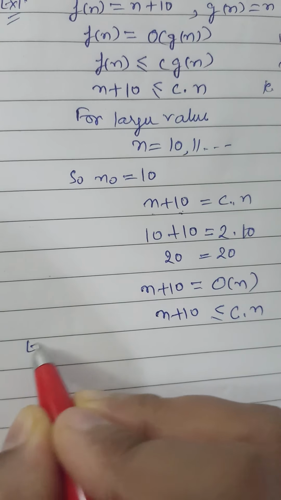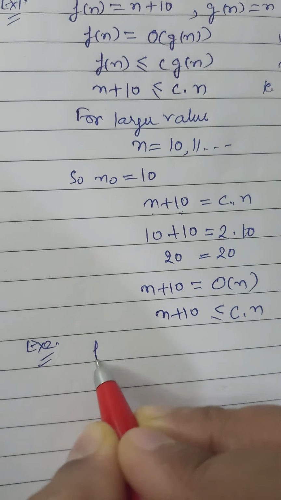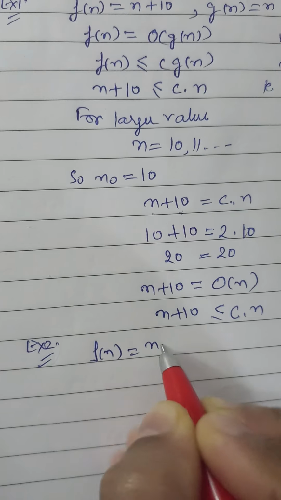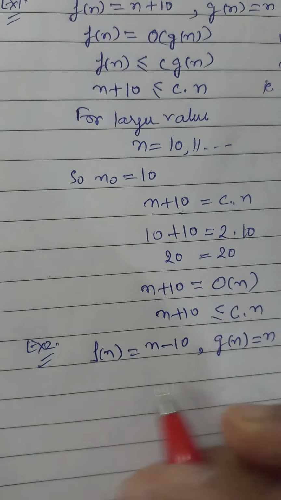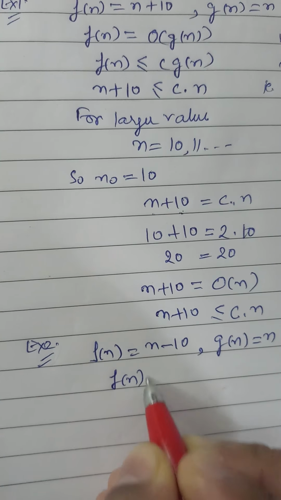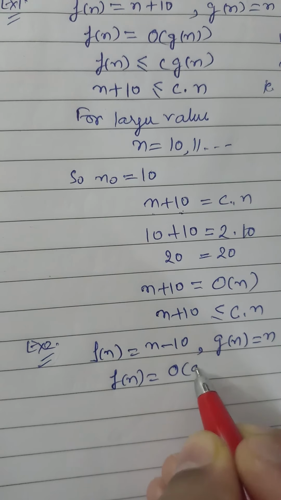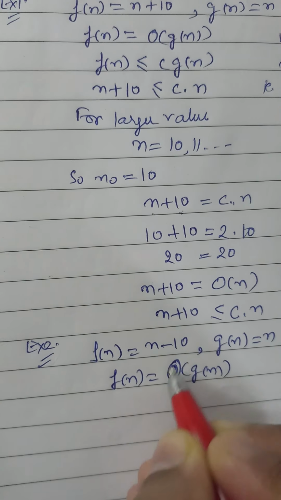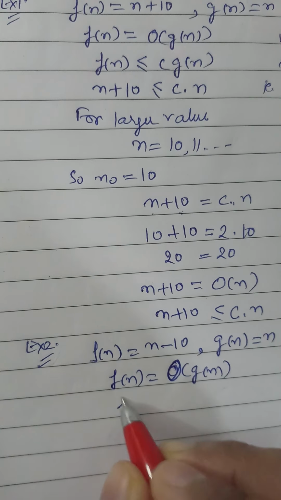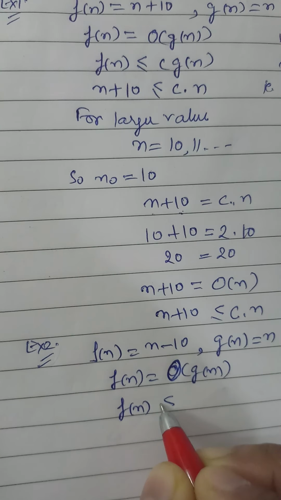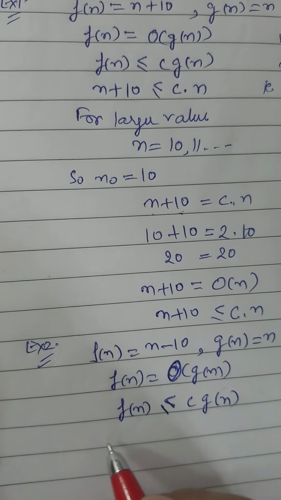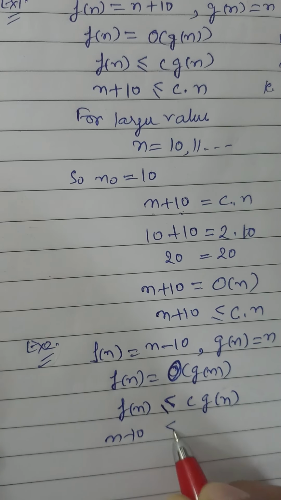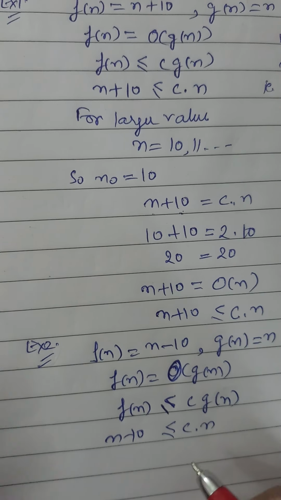Let's take another example. Suppose F(n) is equal to n minus 10 and G(n) is equal to n. So F(n) is equal to order of G(n), or big O of G(n), so F(n) is less than or equal to c G(n). So we write n minus 10 is less than or equal to c n.